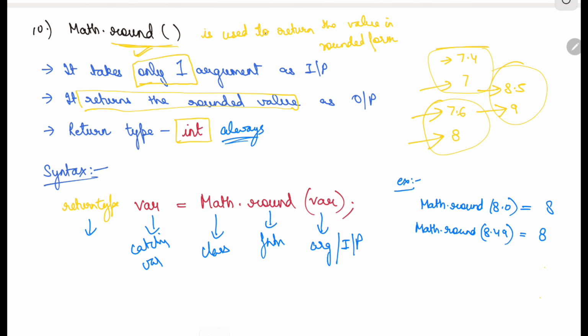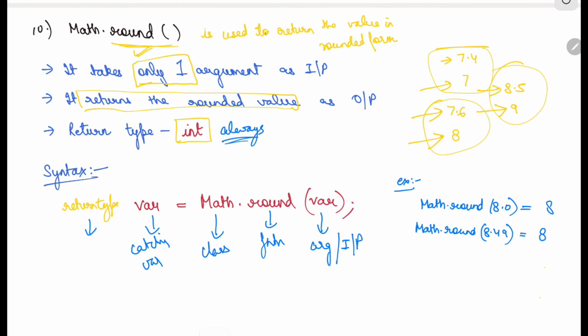तो इसमें input नहीं होता है. You just write the return type. Then you write the catching variable. Then you write the class name, and then you write the method name or the function name. Only you write this, and what does it return? It returns any random value between 0 and 1, but that random value will be of what type? It will be of double type, मतलब fractional value return करेगा. ठीक है?